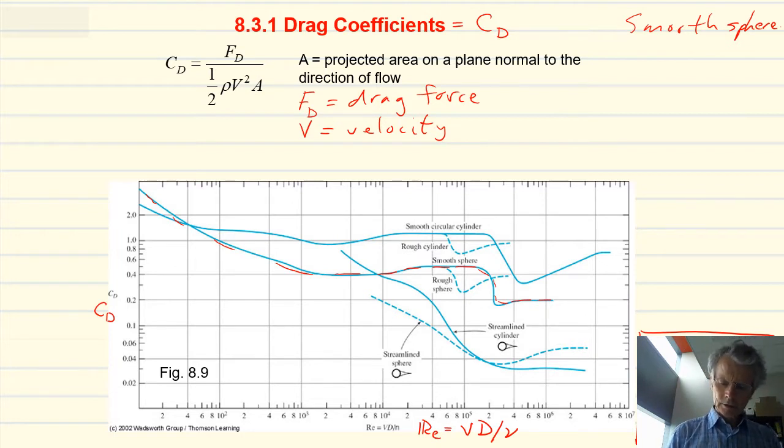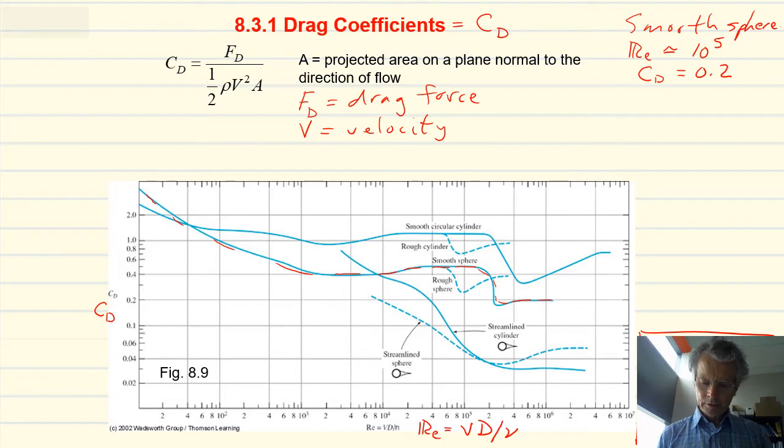At very large Reynolds numbers, if we have a Reynolds number of about 100,000, we see that C_D is going to be equal to 0.2. Over that range, the drag coefficient is constant. So that's a range from 40,000 to 100,000. Over a range from about 1,000 all the way up to where it drops here, so up to about here.